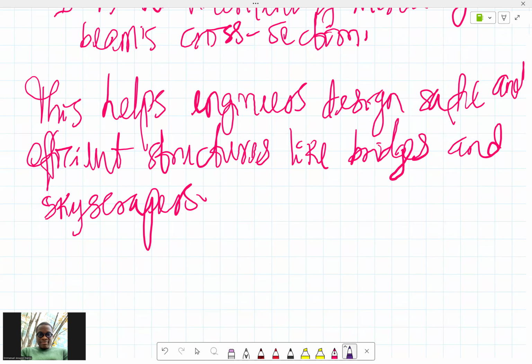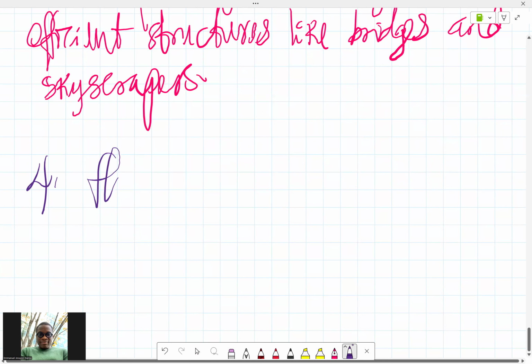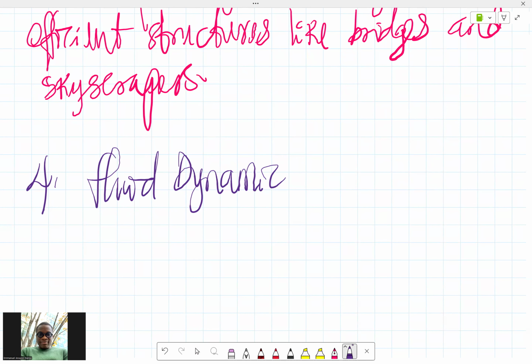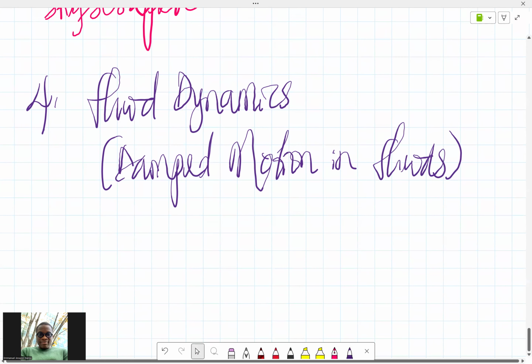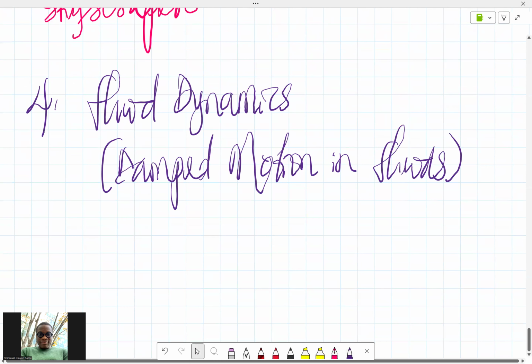Okay, number 4, we have fluid dynamics. You can also see second order ordinary differential equations in fluid dynamics, where we talk about damped motion in fluids.